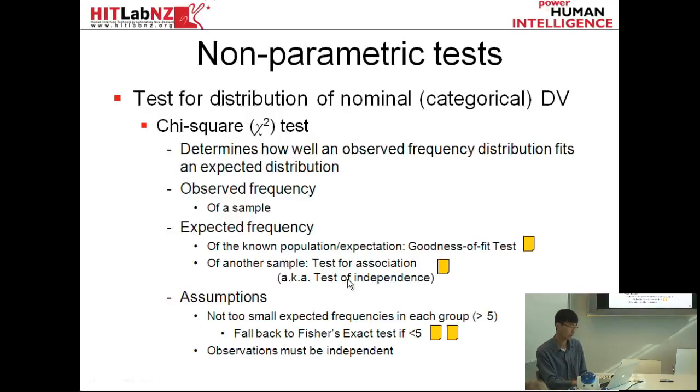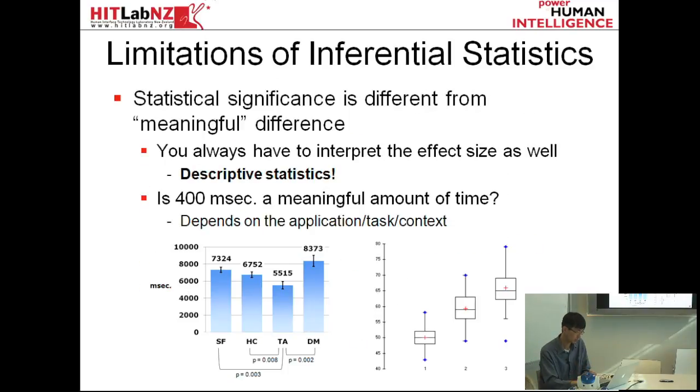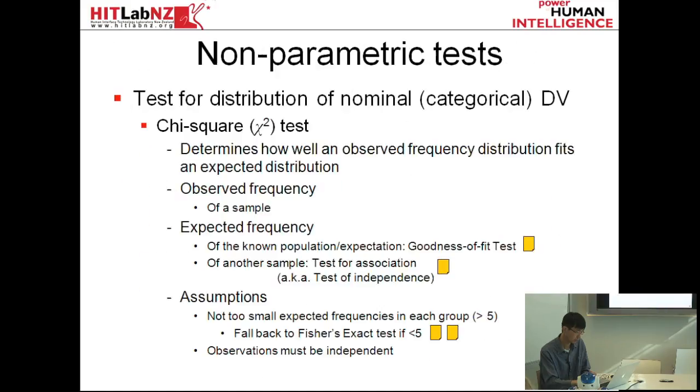But if you had two different samples, and you want to compare the distribution between the two, for example, if you want to let people choose between two interfaces, and you want to compare it between the genders, whether males prefer one interface more than females do, then in that case you end up with a table like this.